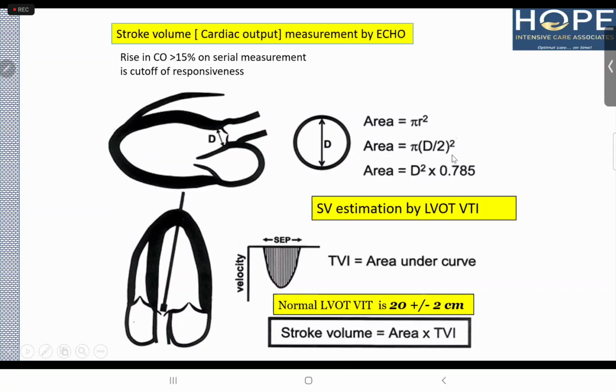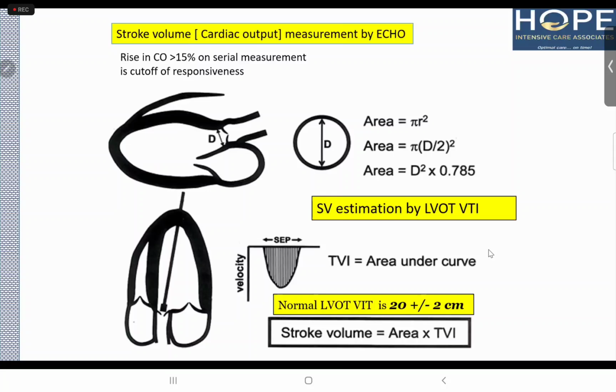When you transform this, it is equal to diameter squared times 0.785. This is how you find out the LVOT area, and then you measure LVOT VTI by putting your cursor in the apical five chamber view, and the cursor location is very important. The normal value of LVOT VTI is 20 plus or minus 2 centimeter.